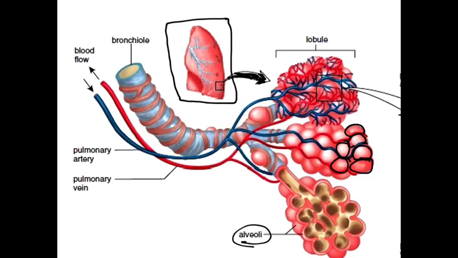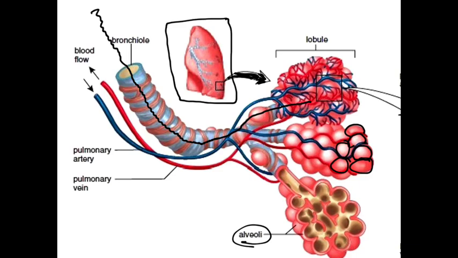And remember that they were lined by simple squamous epithelium, the thinnest of epithelium that allowed for gas exchange. So as air comes in to your trachea and then down into the bronchi and the bronchioles, the passageways, the air comes down and enters into these little grape-like alveoli.